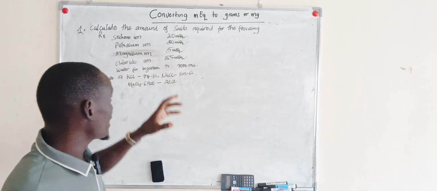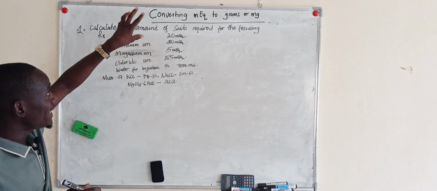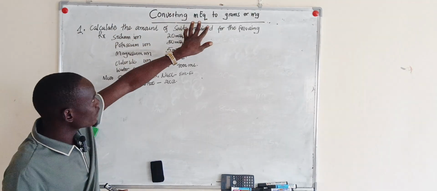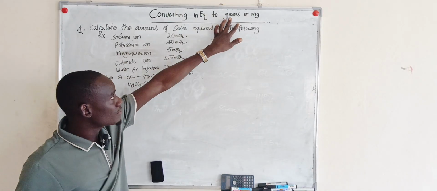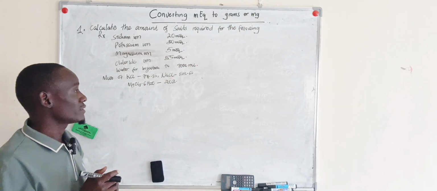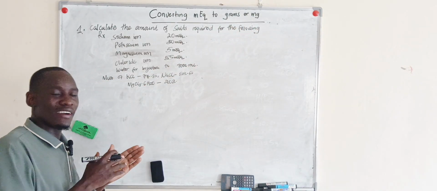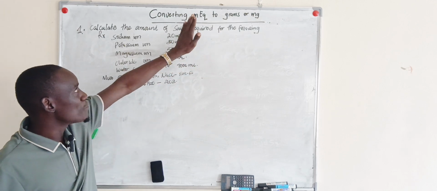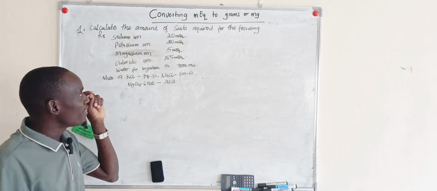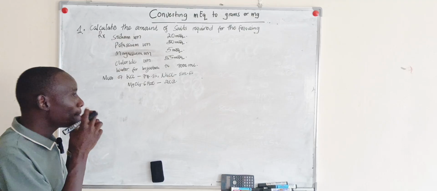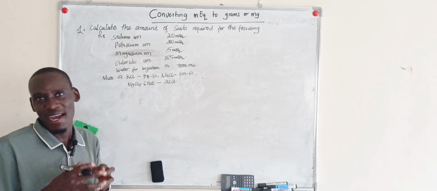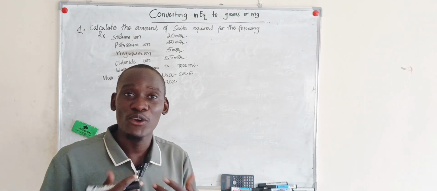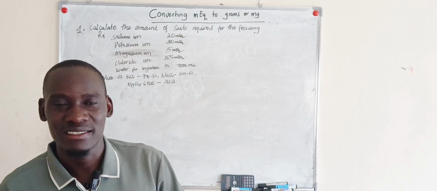In today's lecture, we are going to learn how we can convert from milliequivalents to grams or milligrams, or the reverse, from milligrams or grams to milliequivalents. This is the most confusing part when it comes to calculations involving milliequivalents.